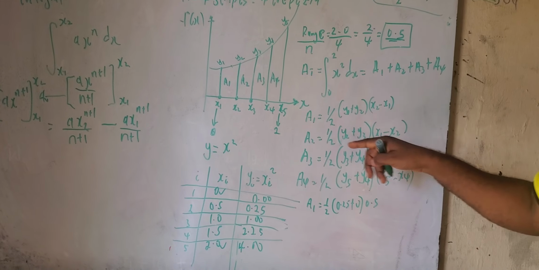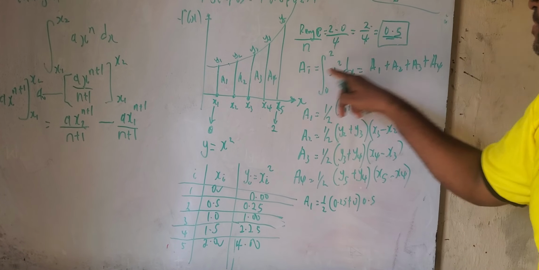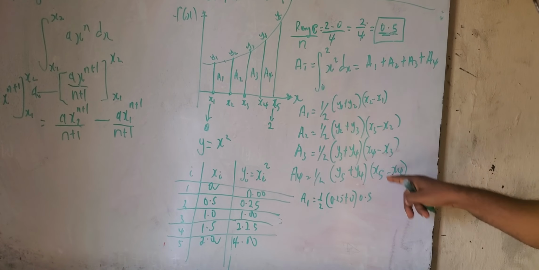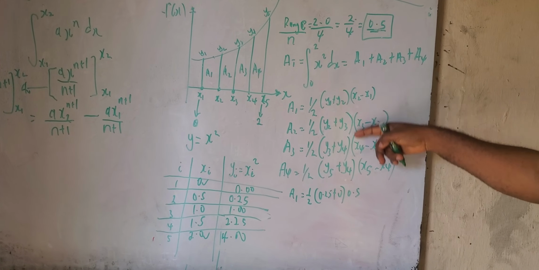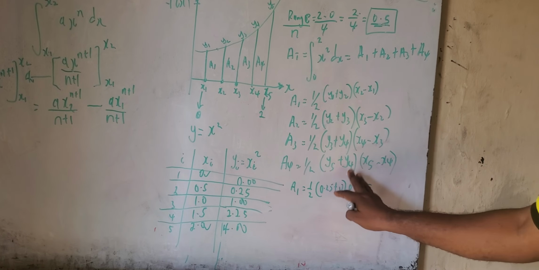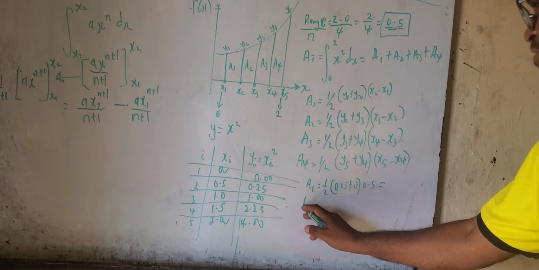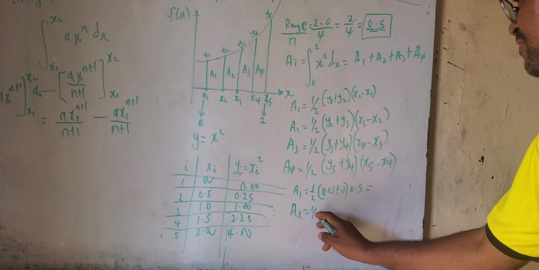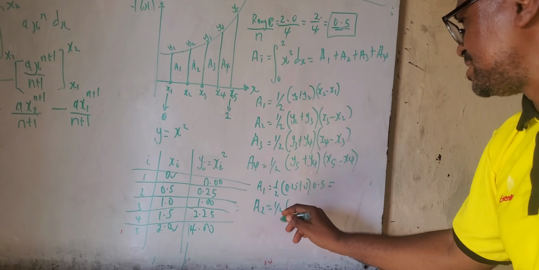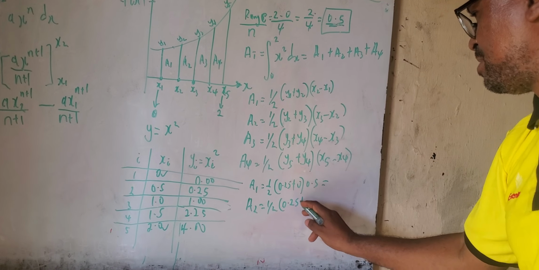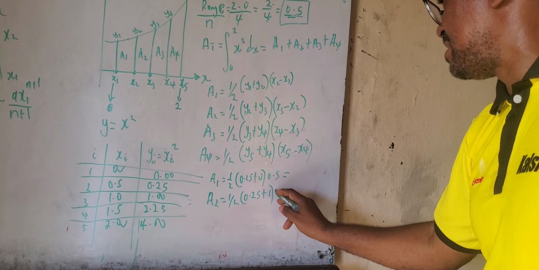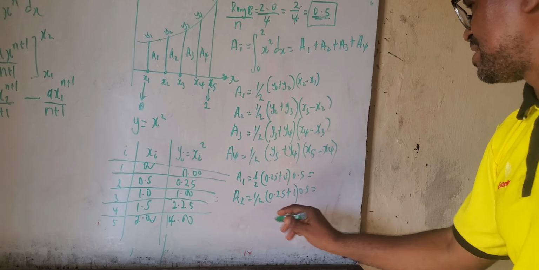The reason is that the difference between each interval is 0.5, so I'm just going to put 0.5 for whatever parameter I have on this side. Then a2 is going to be half bracket y2 plus y3. That is 0.25 plus 1, then times 0.5.